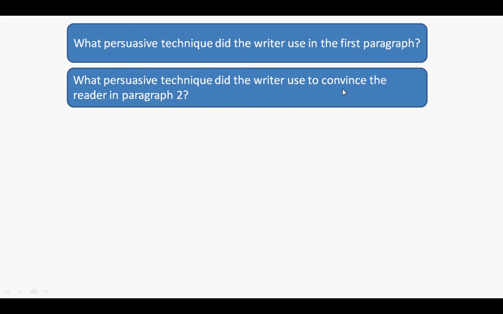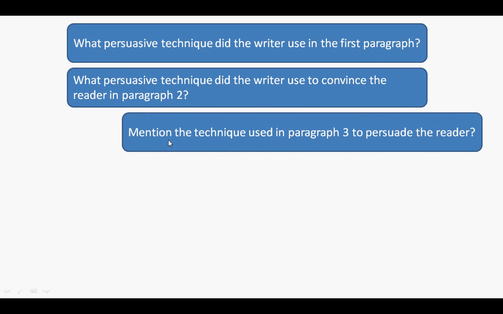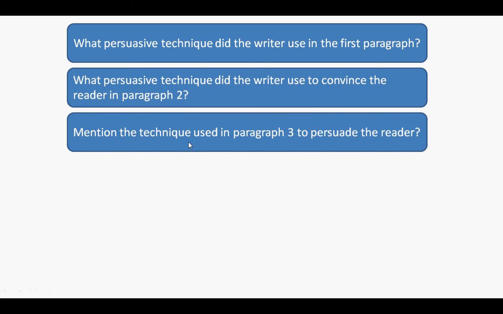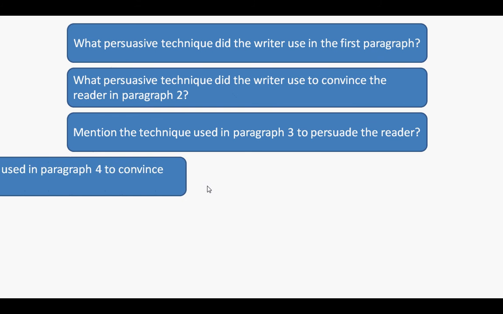What persuasive technique did the writer use to convince the reader in paragraph 2? Now he is asking you about a persuasive technique mentioned in a second paragraph. Mention the technique used in paragraph 3 to persuade the readers. They all ask about persuasive techniques, but as you can see, the form of the question is different. Here, what persuasive technique? What persuasive technique? Mention the technique used to persuade.